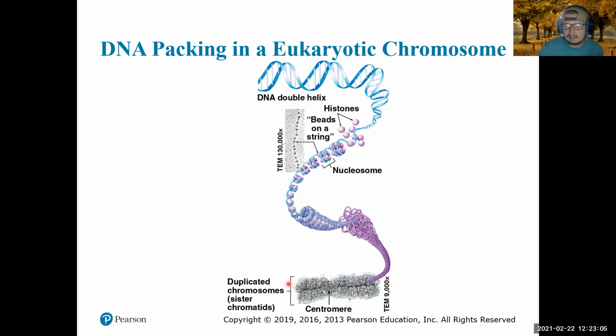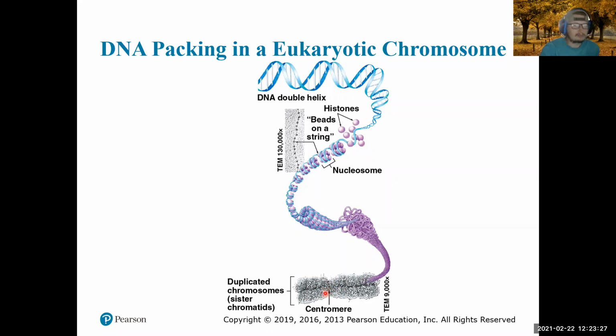And in this case, we have a sister chromatid. This is a chromosome that's been duplicated, and so this side is identical to this side. And those two sister chromatids are held together at what's called the waist, by the centromere.